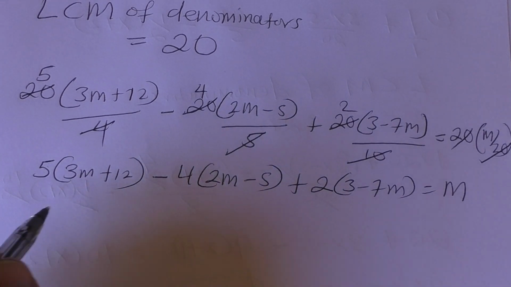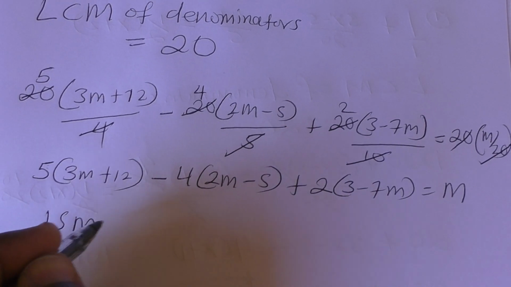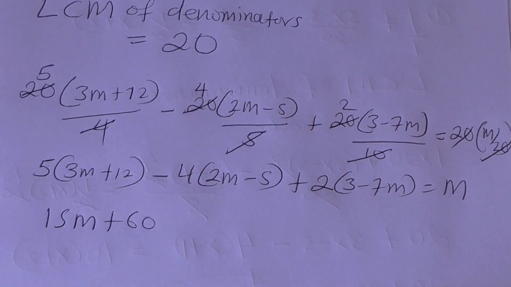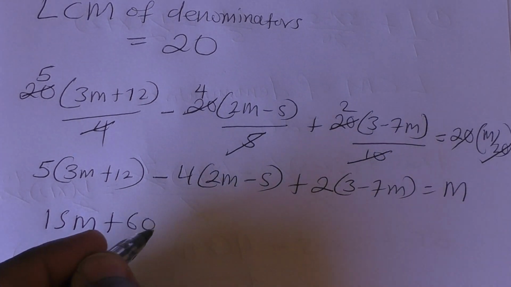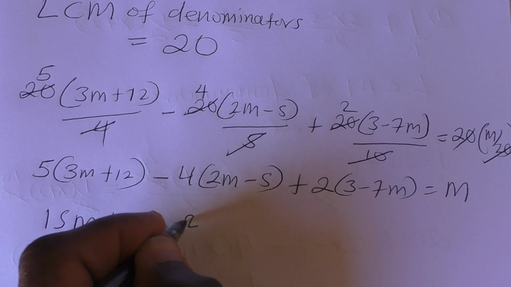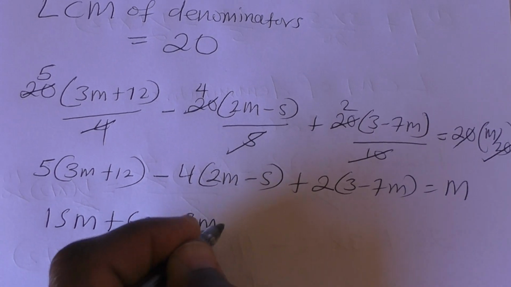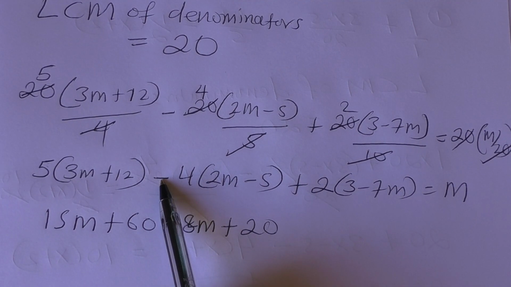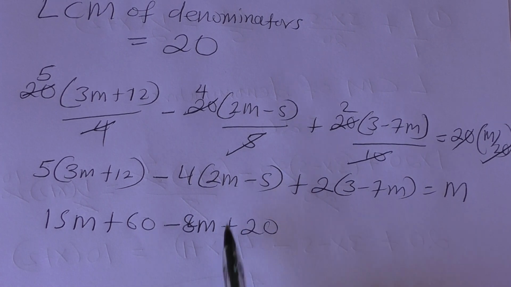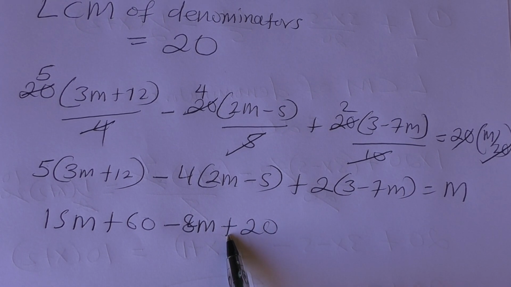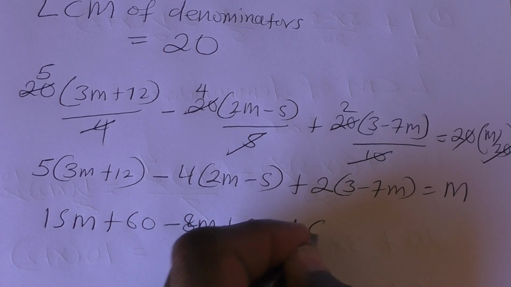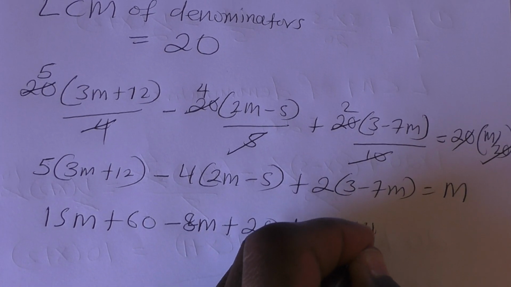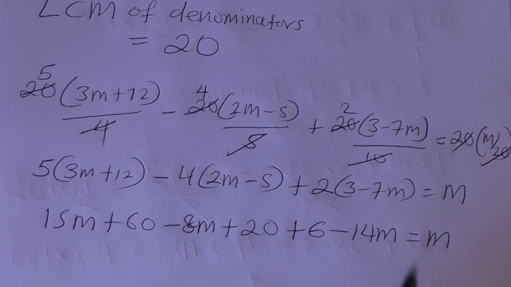This and this gives us 15m plus 60 minus 8m plus 20. So a negative times a negative gives us a positive. That is very important when opening brackets. Plus 6 minus 14m equals to m.